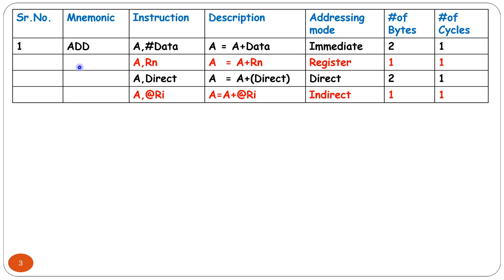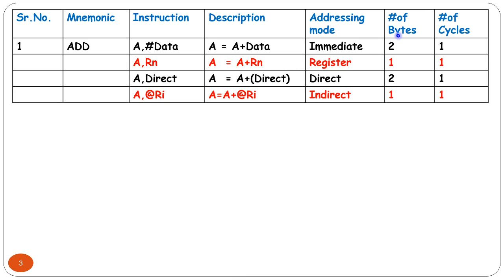This is the ADD instruction, which belongs to the arithmetic group. This ADD instruction has 4 types like this, with their addressing modes. This is the description of that instruction.